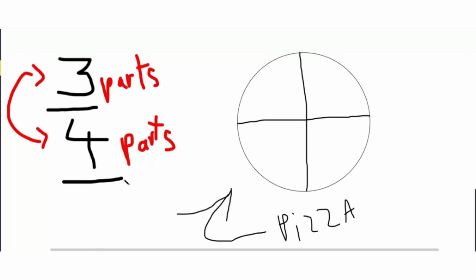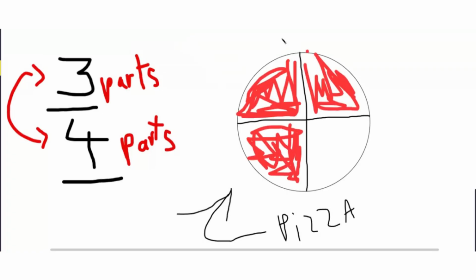We know what the bottom number means, but what does this top number mean? Sorry for my coloring. But this three just means that we have three slices. We have one, we have two, and we have three. This last slice is the four.